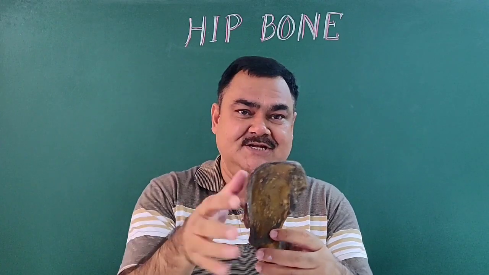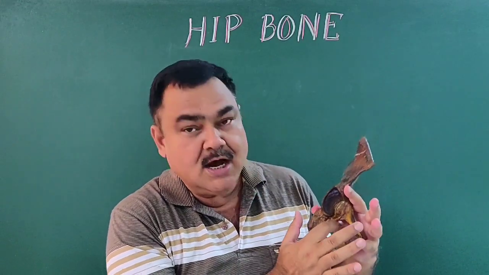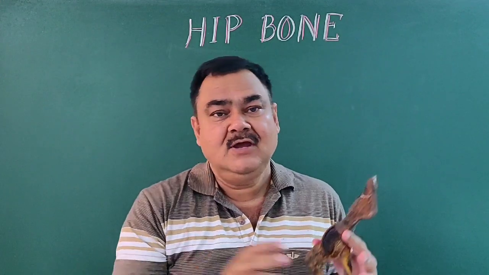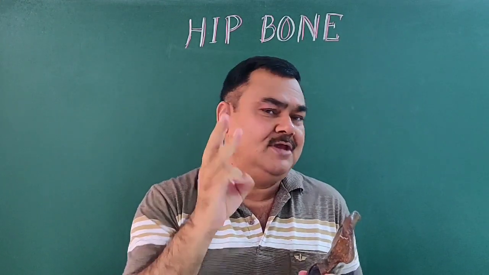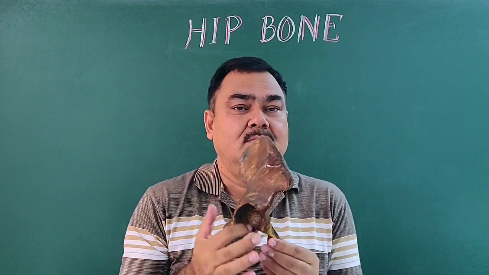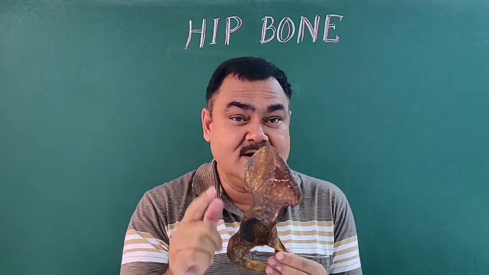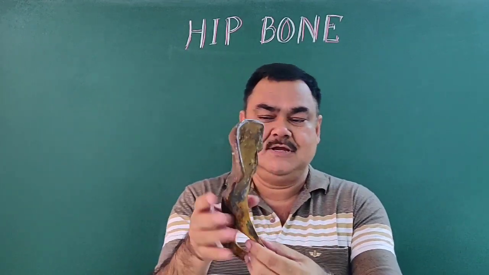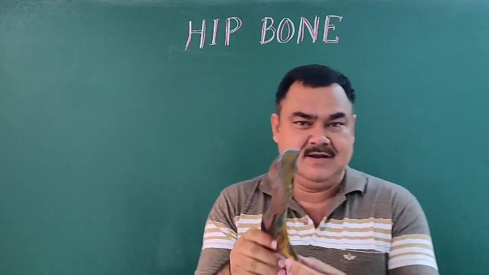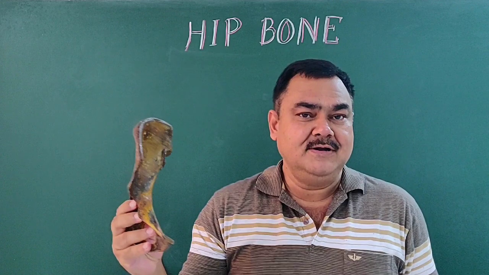This is iliac crest, and below this acetabulum is obturator foramen. So remember three things. One is acetabulum. The direction of the acetabulum is lateral.